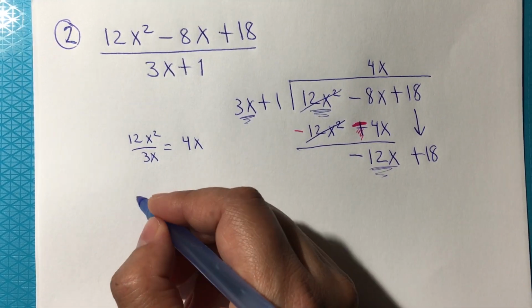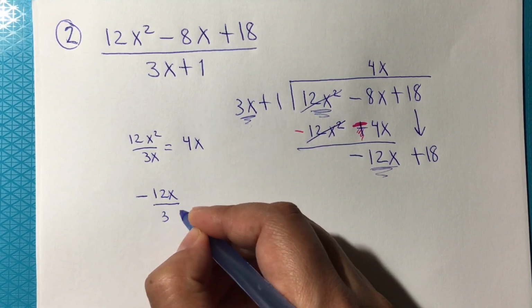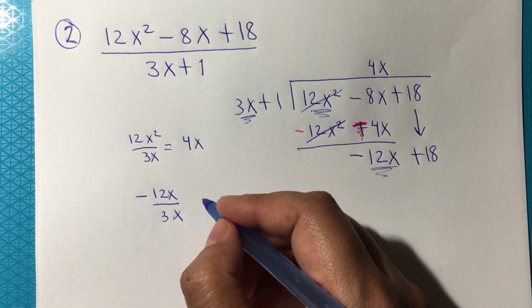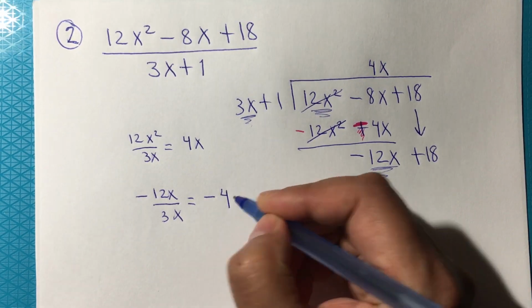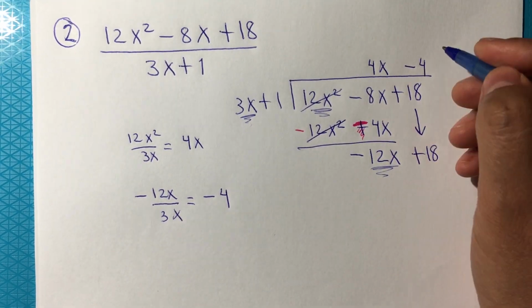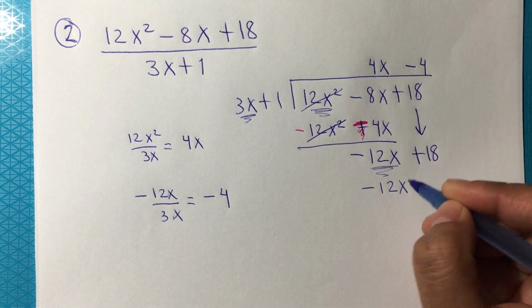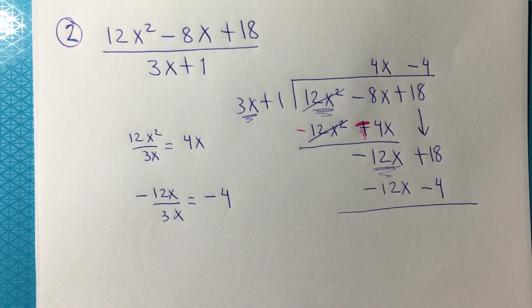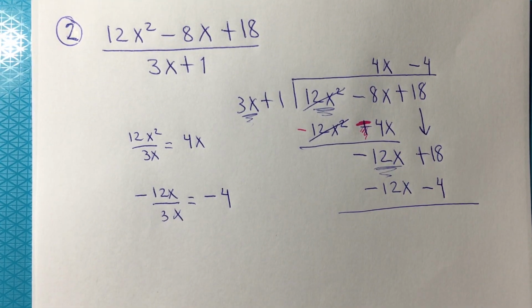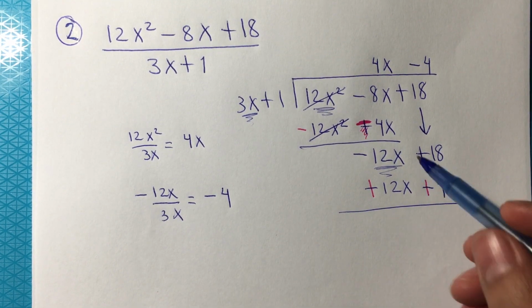Get the first term, negative 12x divided by 3x. And that equals negative 4. Negative 4 times 3x is negative 12x. Negative 4 times 1 is negative 4. We change the sign or subtract, so now it's both positive.